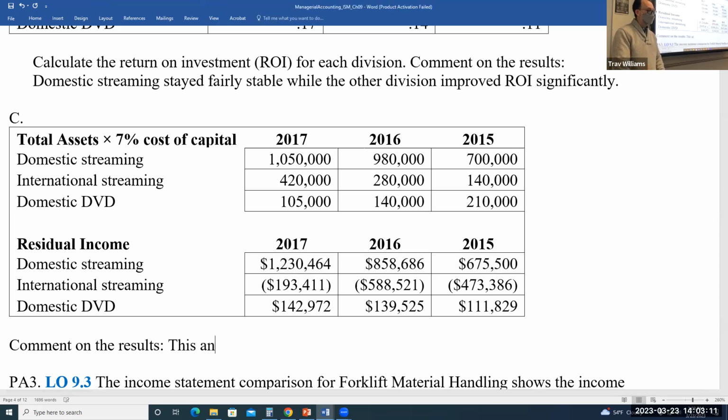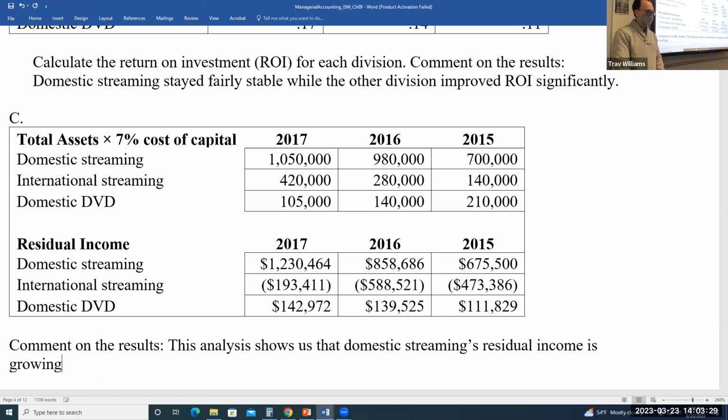So this analysis shows us that domestic streaming residual income is growing, and international streaming still has a negative residual income.